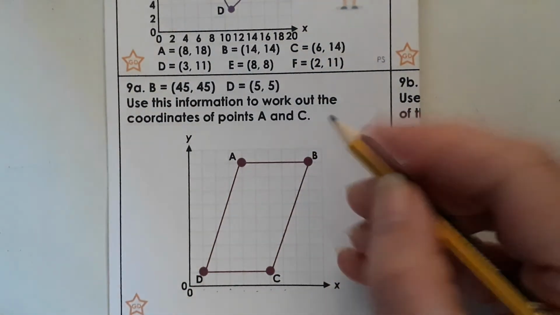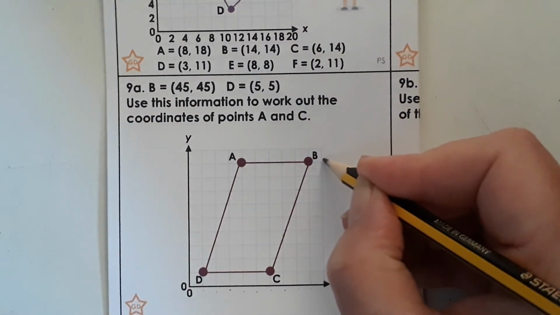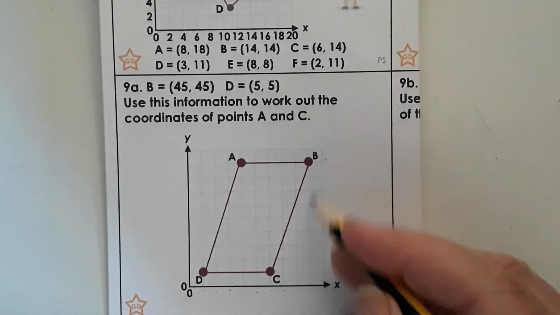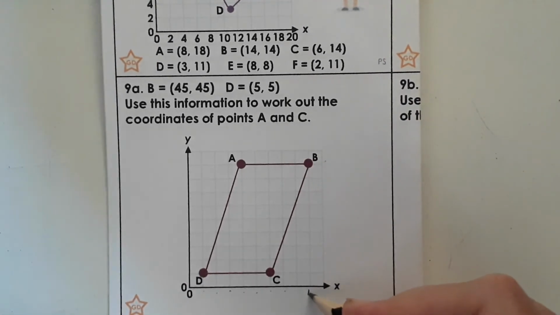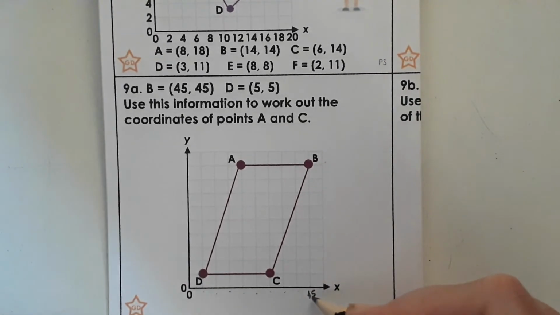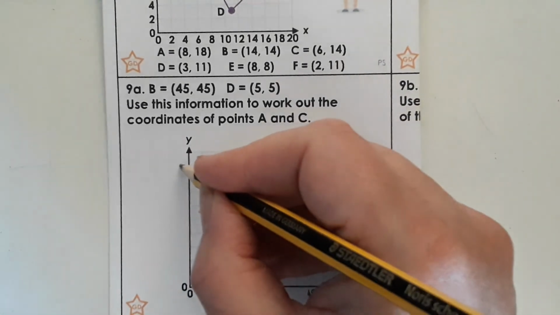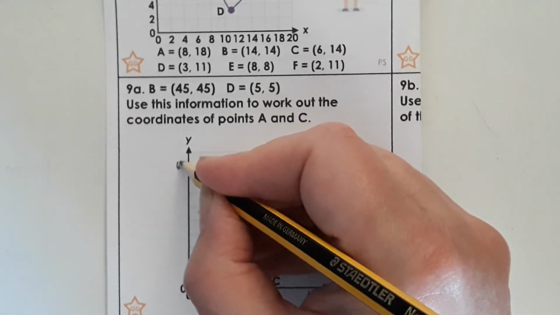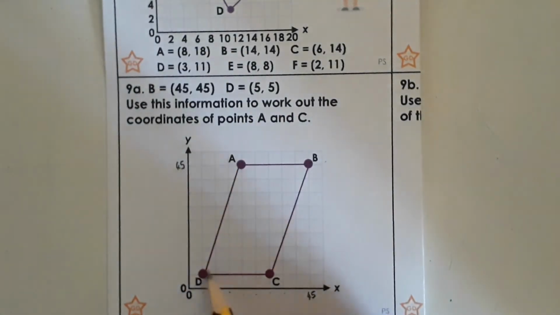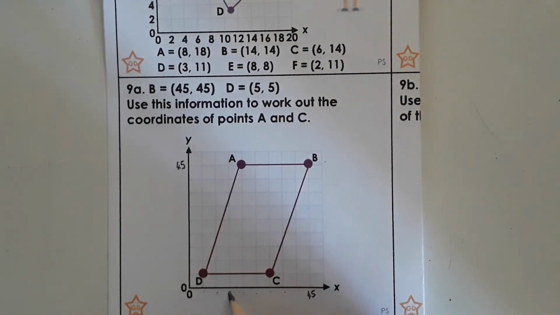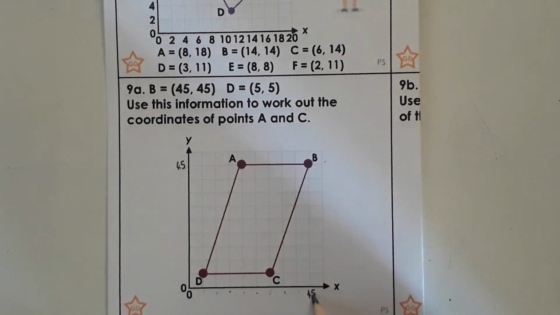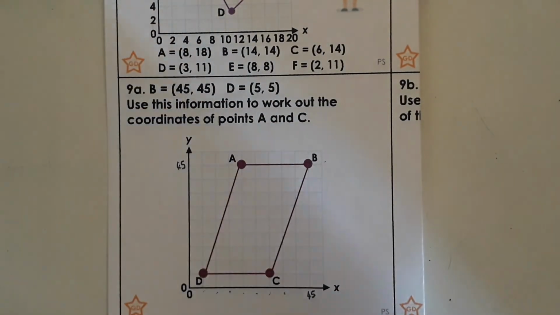So this value would be 45, and then up 45, and I've come along 1, 2, 3, 4, 5, 6, 7, 8, 9 steps.